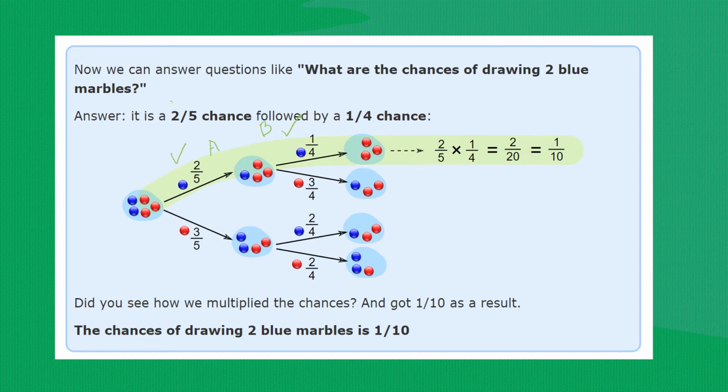So the second one is nothing but the probability of picking a blue ball, provided that I have already picked a blue ball. The second one is a blue, provided that the first one is blue already.